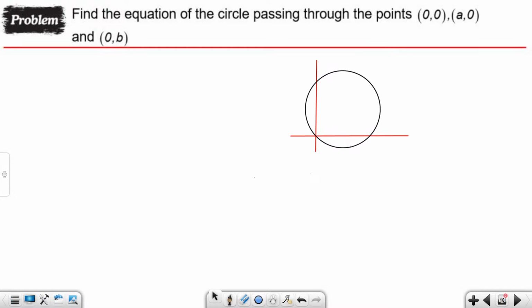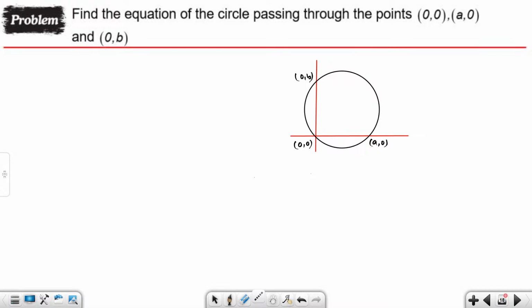So what is the question? The question is that a circle is passing through the origin 0, 0, and 2 points A, 0 and 0, B. Okay, now we have to find its equation. We can easily see one very interesting thing here.